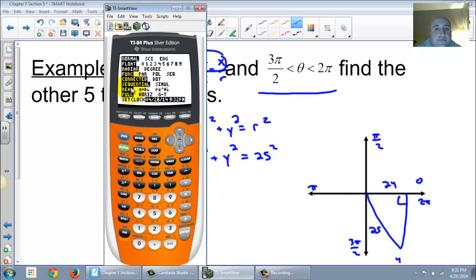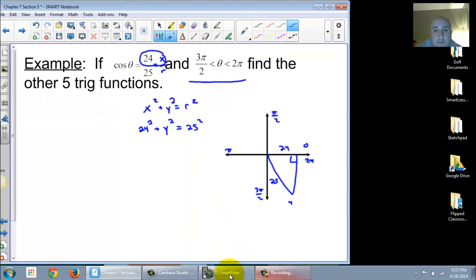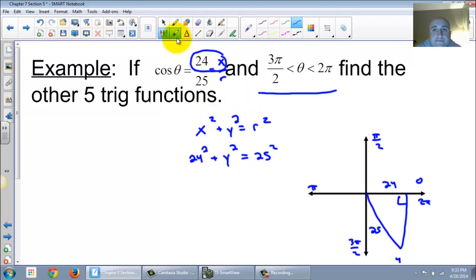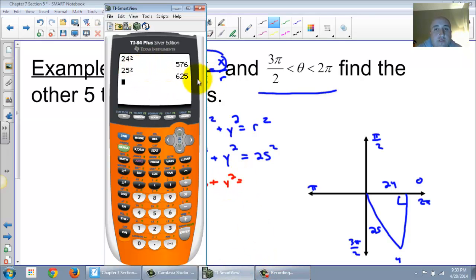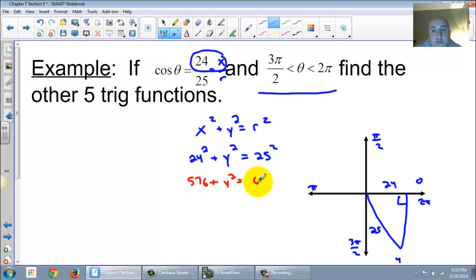Using our calculator, 24 squared is 576, and 25 squared is 625. So 576 plus y squared equals 625. I'm going to minus 576 from both sides.